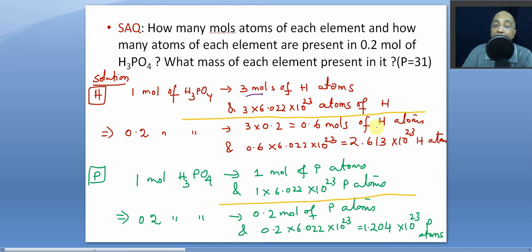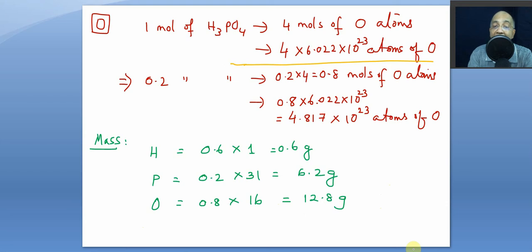Then 0.2, how many moles? How many atoms? Separately we have done. 1 mole contains 1 mole of phosphorus and 1 into this many number of atoms. So 0.2 mole will contain how many moles of phosphorus atoms and how many atoms. So separately we have done. Similarly, 1 mole phosphoric acid contains 4 moles of oxygen and 4 into Avogadro's number of oxygen atoms.